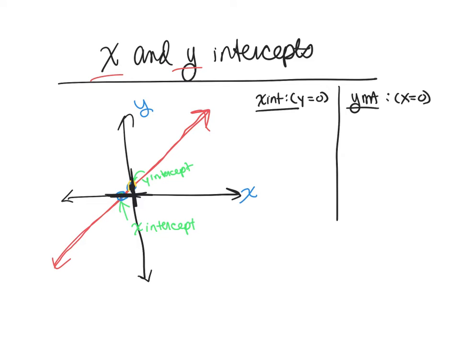So let's do an example. Let's set y is equal to 4x plus 3. For the x-intercept, we're going to let the y value go to 0, and then you're going to solve for x.